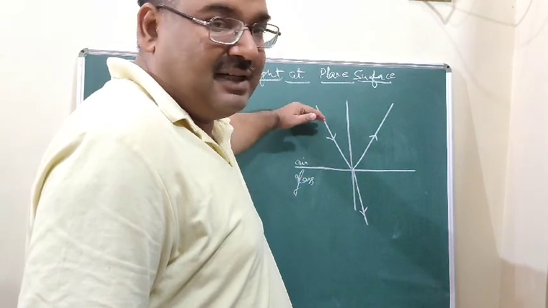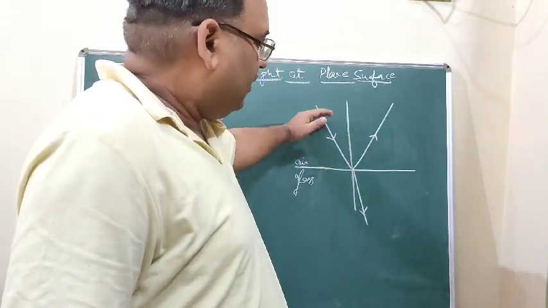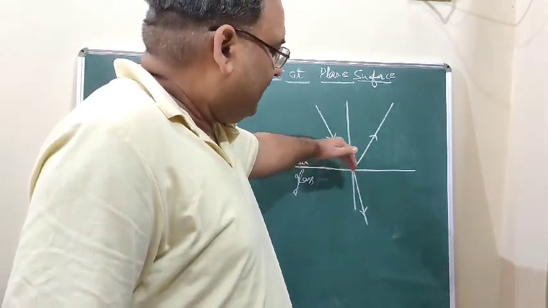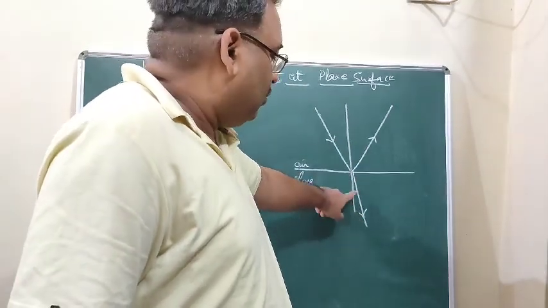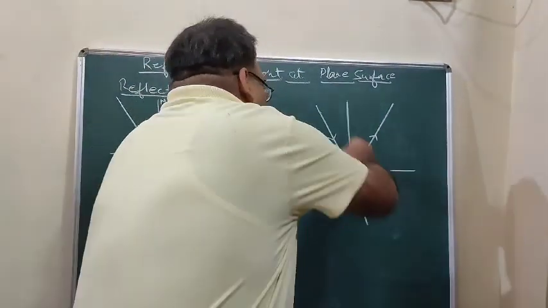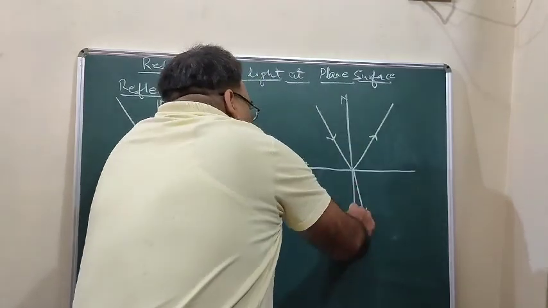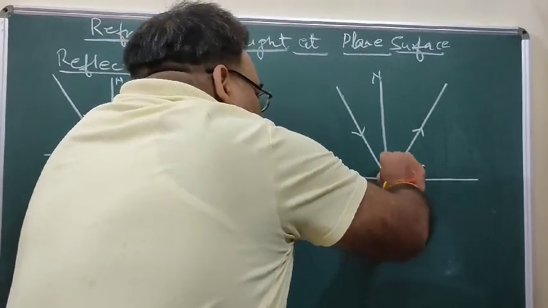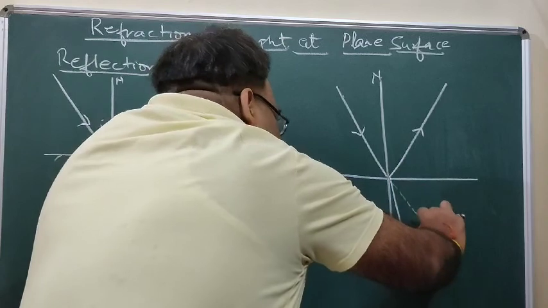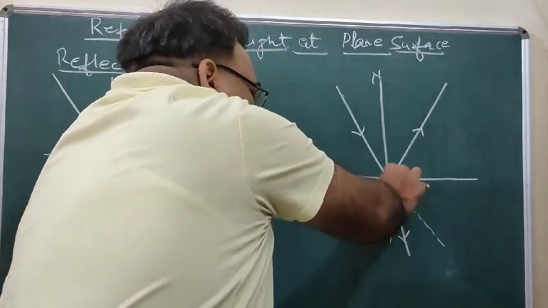This side it's air, this side it's glass. The ray of light strikes here and bends towards the normal. This is the normal. So the ray of light is bending. Otherwise it would have moved in a straight line like this, but instead it has gone down.